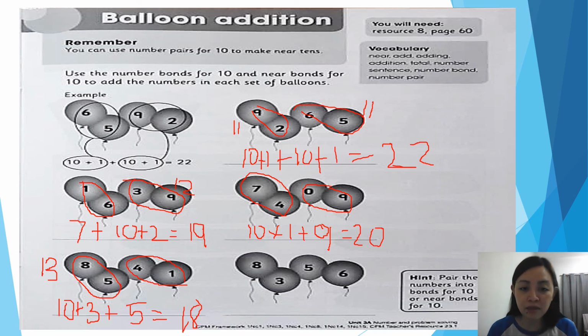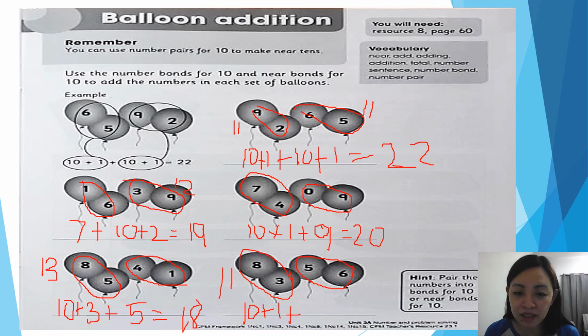Let's go to the last one. Okay? So 8 plus 3. What's the answer? 11. So it's 10, 1 more. Okay, so 10 plus 1. Now, this one. 5 plus 6 is equal to?